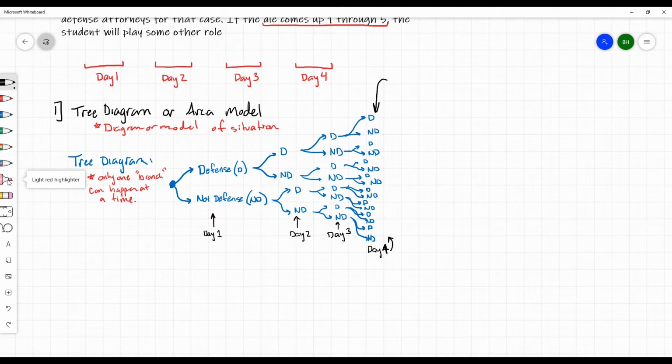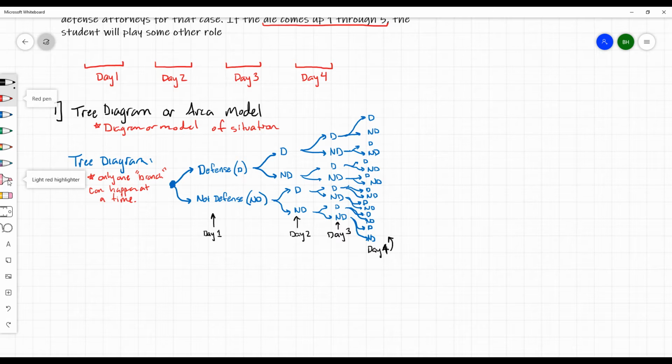There should be nothing listed in your tree diagram that can't be reached, right? So there isn't just randomly one route out here that says, oh, she could be the defense. It all has to be connected somehow, because each day has to depend on each other to some extent.